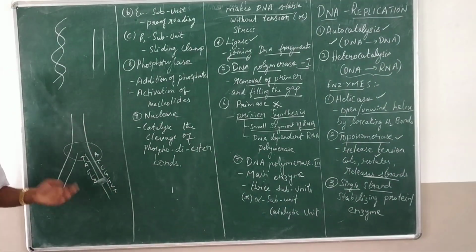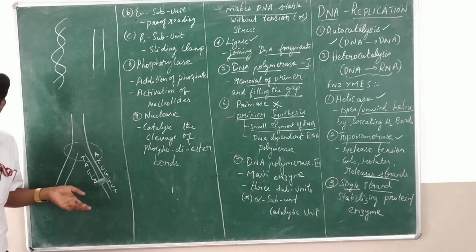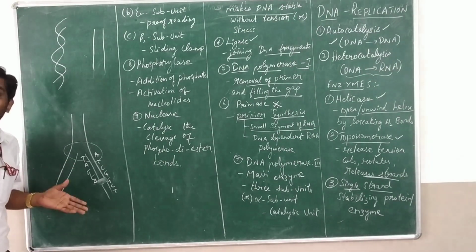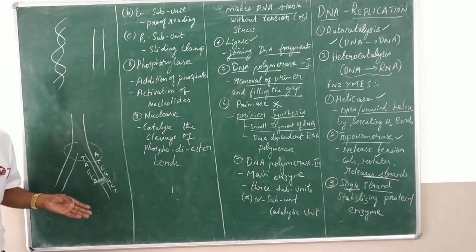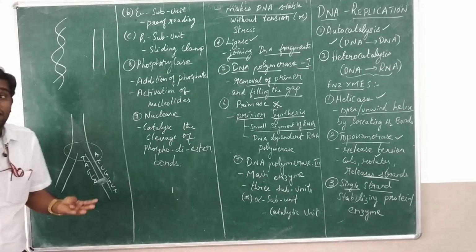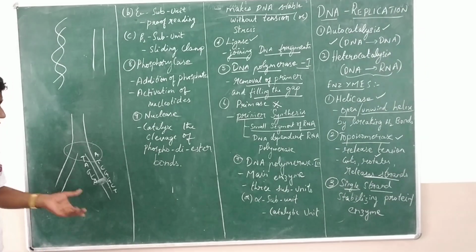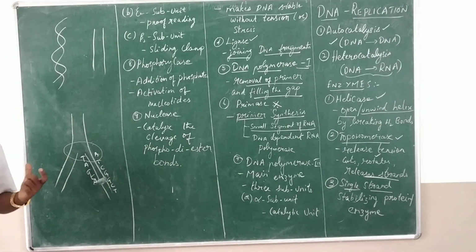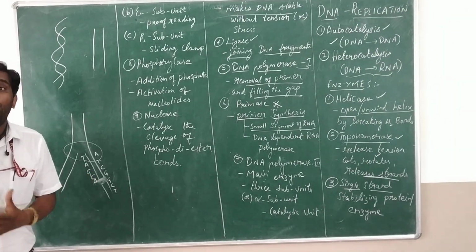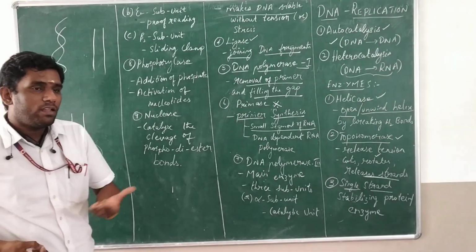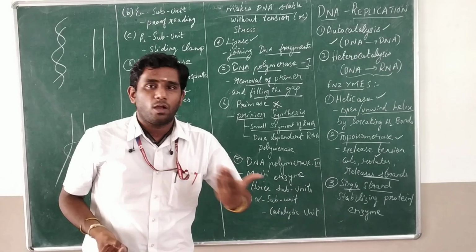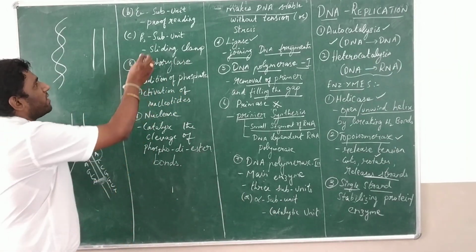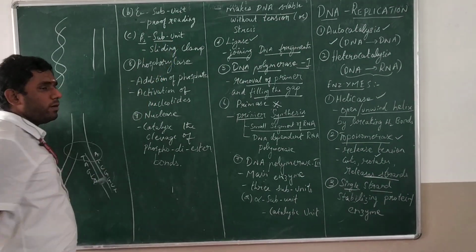If it comes this way, the replication process is wrong. There is some error in DNA copying, which can lead to mutation. So who will check this? The epsilon subunit of DNA polymerase checks this. They proofread, they make sure whether the codon is correct or not. Is it clear? Fine.